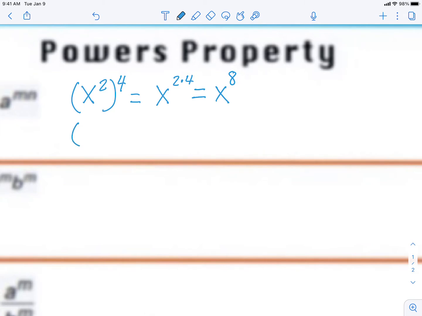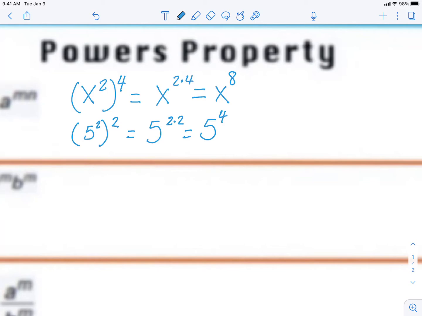Next, we can have numbers here. So we have 5 to the power of 2, to the power of 2. This means 5 to the power of 2 times 2, which equals 5 to the power of 4.